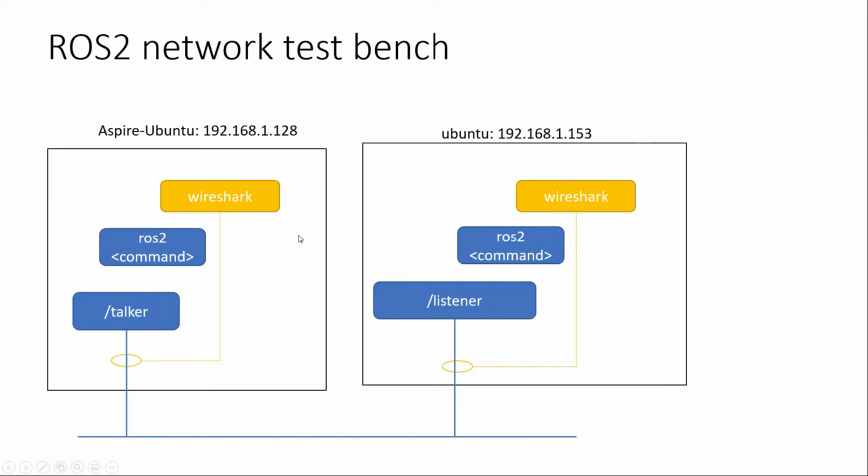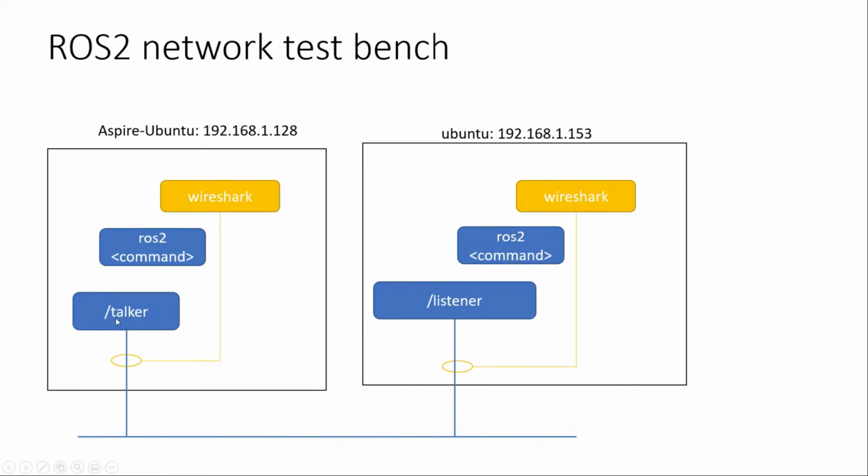Each of these machines also had wireless networks as well. So you'll see in the traces later on, I filtered out the traffic that was going out on the wireless interfaces, just because the way multicast and ROS2 works, it'll use all the networks available and send out all the DDS info on all the networks that are available.